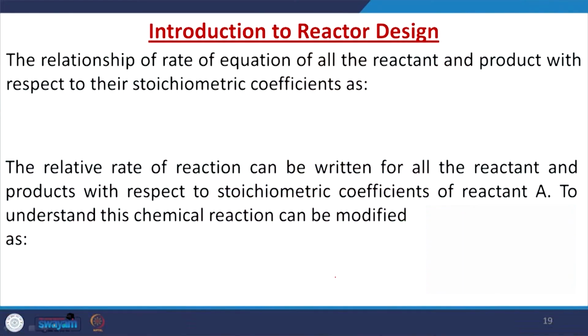Now, another relationship of the rate of reaction equation for all the reactants and products can be written with respect to their stoichiometric coefficients, if you wish. This particular approach is important mathematically, because sometimes one may consider that we need to take the stoichiometric number into consideration. So for this approach, we may write the rate equations like this.